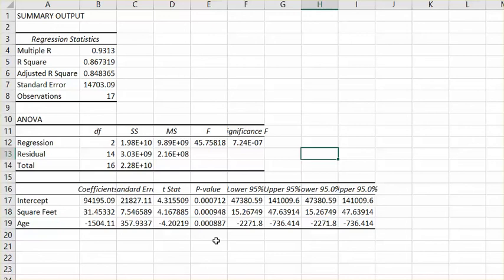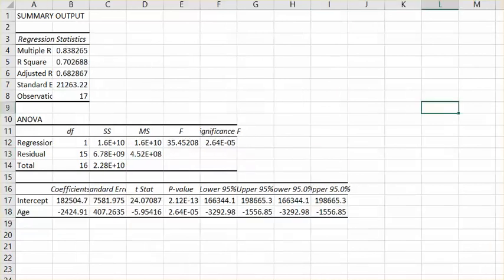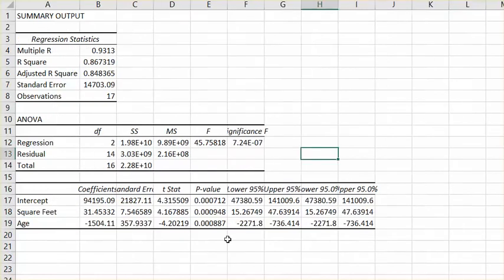If I go back to age, the R-square was 70%. When we put square footage and age in, we jump to 86%, and the adjusted R-square is 84.8.